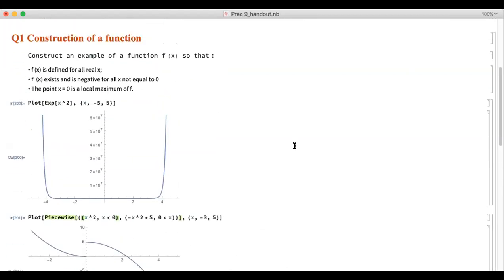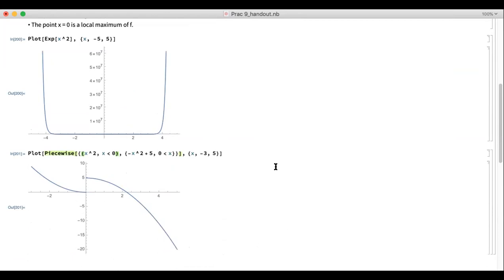Given these conditions, I imagine it should be piecewise, but if you could think of anything else, that would be great.